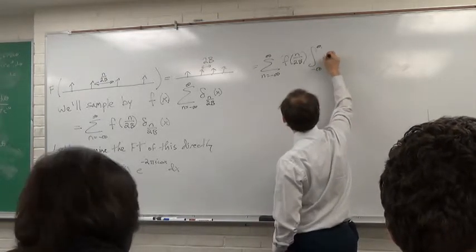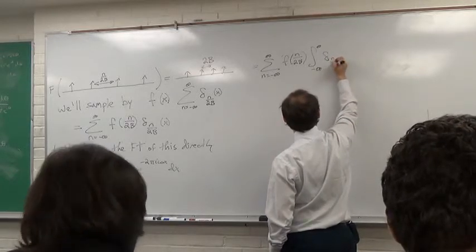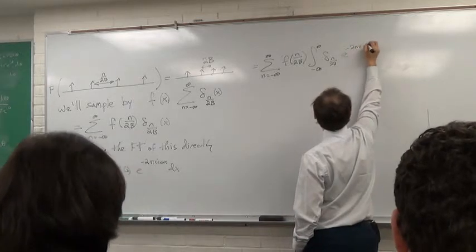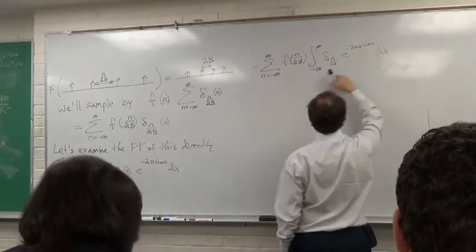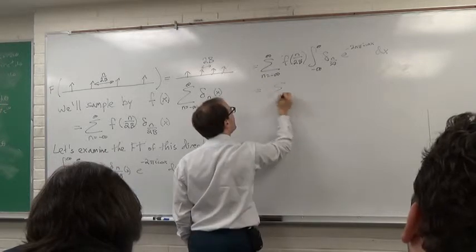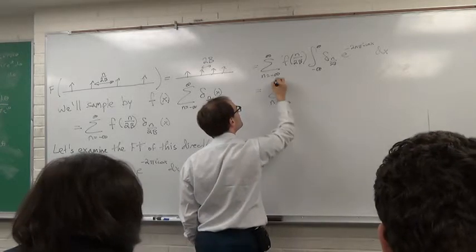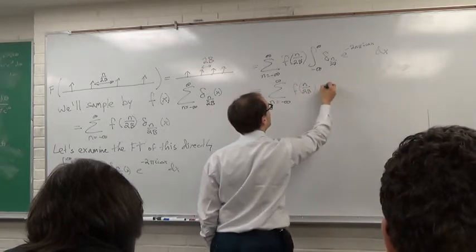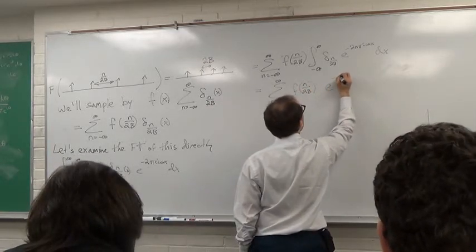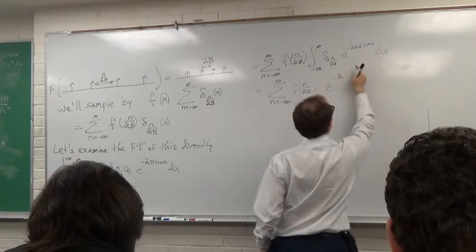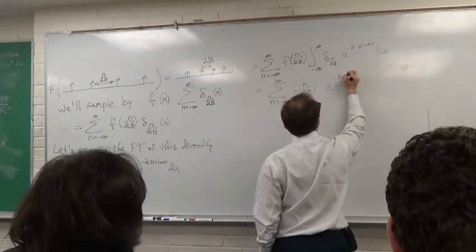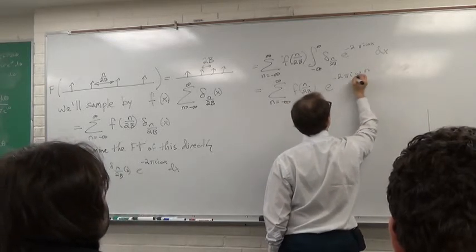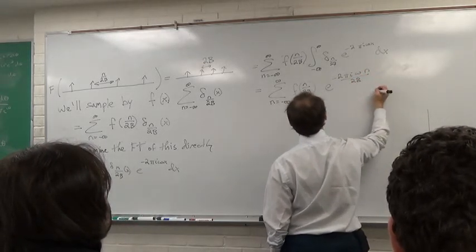And what is this? This is delta at n over 2b, e to the minus 2 pi i omega x dx. We just saw this integral just a moment ago, but now with these different coefficients. This is now e to the minus 2 pi i omega, and the x is now n over 2b. That's it.